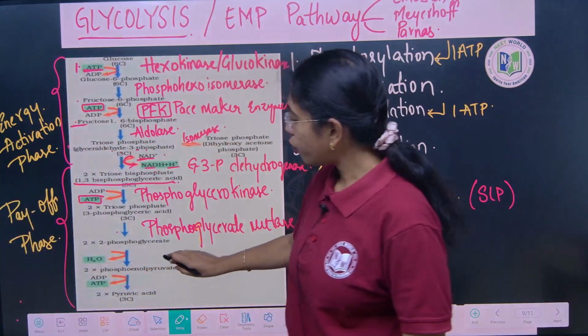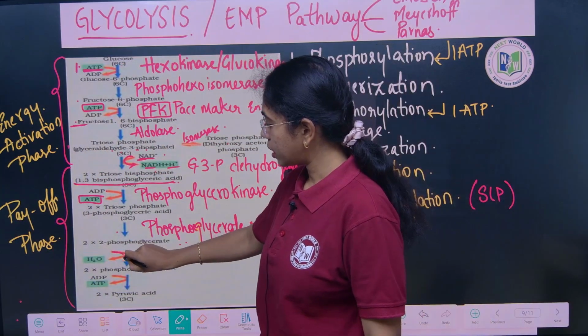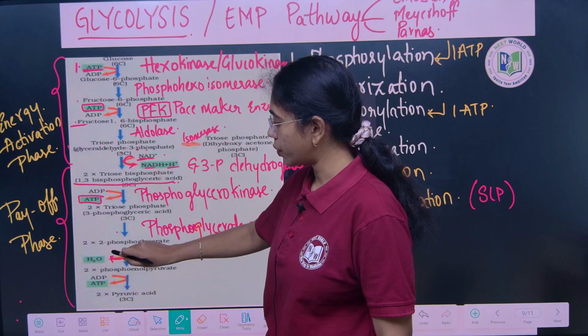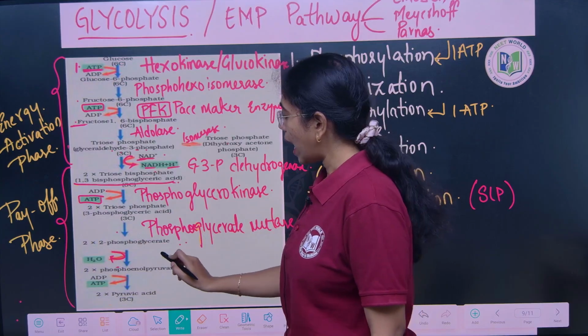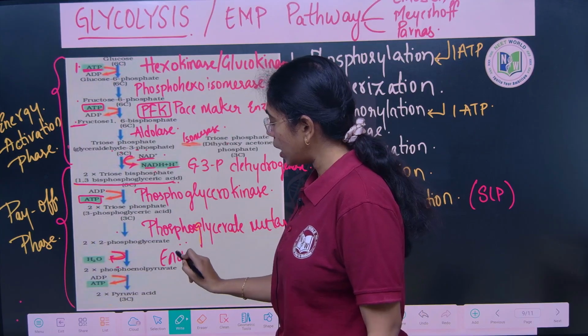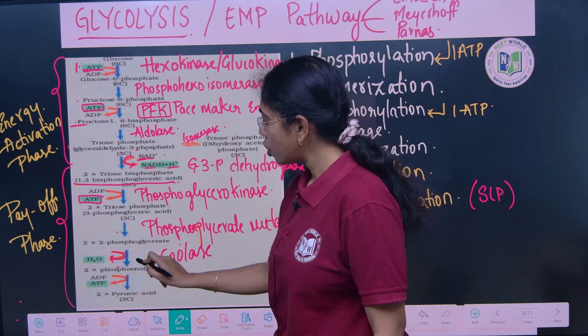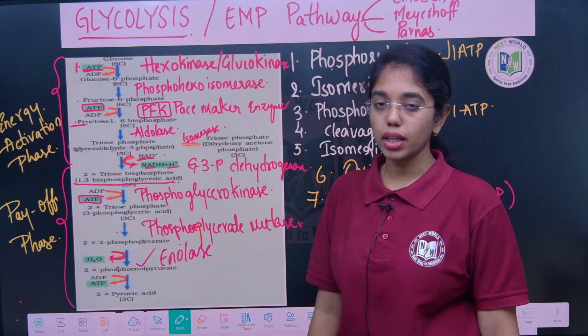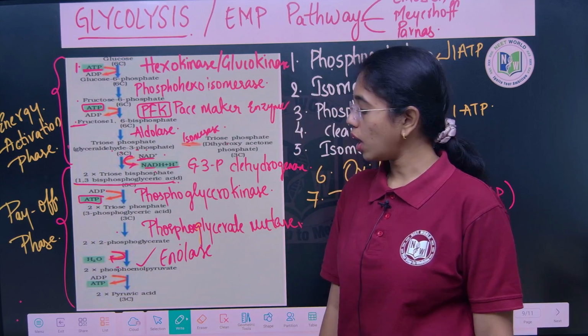Okay. 2-phosphoglycerate is dehydrated, where a water molecule is removed, and this is catalyzed by the enzyme enolase and this forms phosphoenol pyruvate.